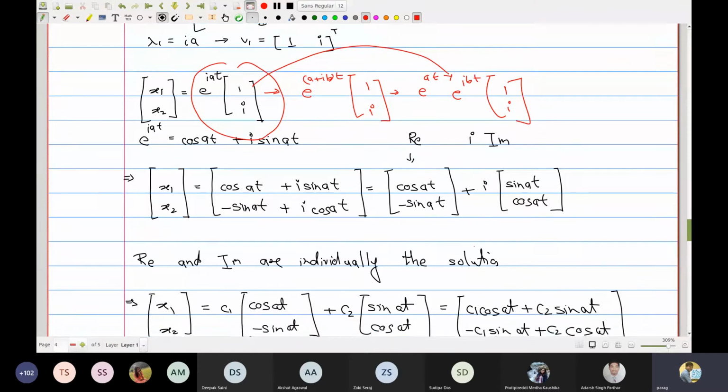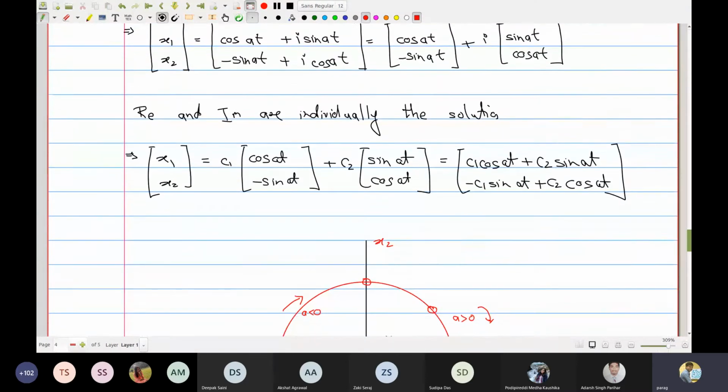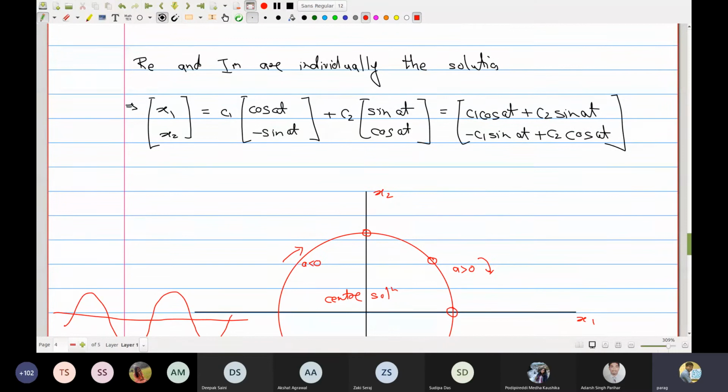So what will happen to your solution? Your solution will have one extra factor here, e to the power At.